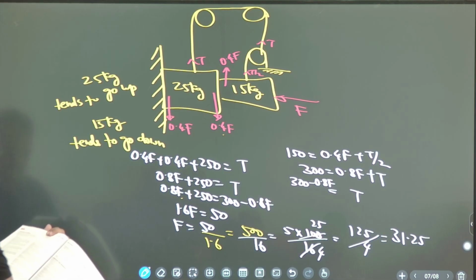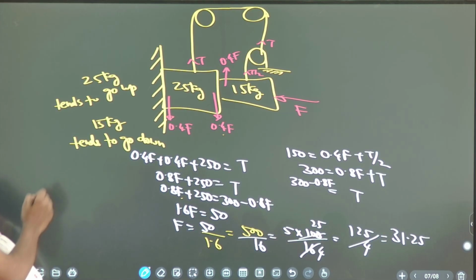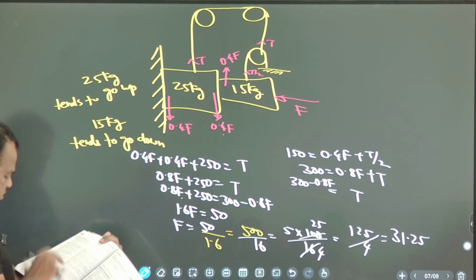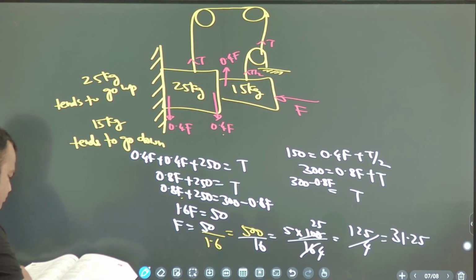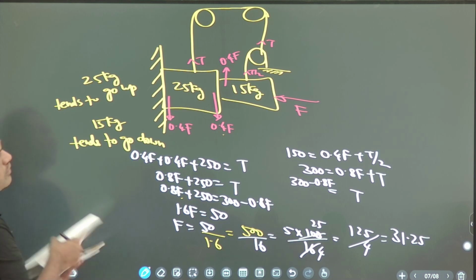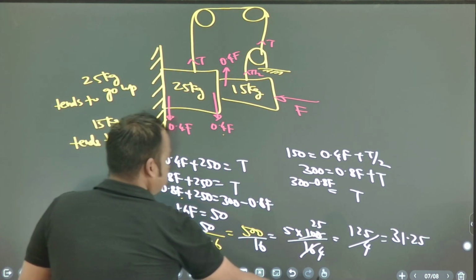Okay, page 84, assertion reason is there. No, that is lower surface also rough. We'll discuss that later. Yeah, last question, 81. Okay, solve 81.